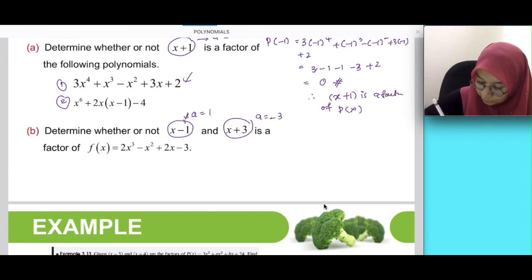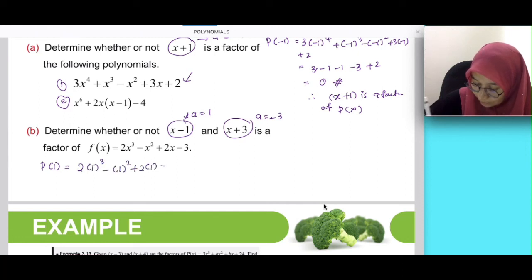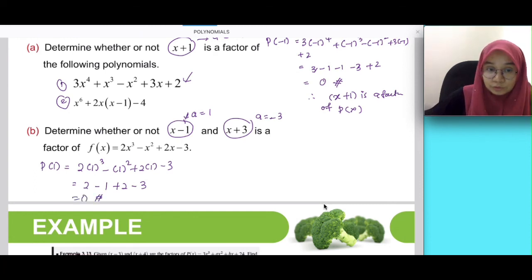So we substitute P(1), you will get 2 times 1 cubed minus 1 squared plus 2 times 1 minus 3. So 2 minus 1 plus 2 minus 3 is 0. So it is shown that it equals 0. So x minus 1 is a factor of this f(x).